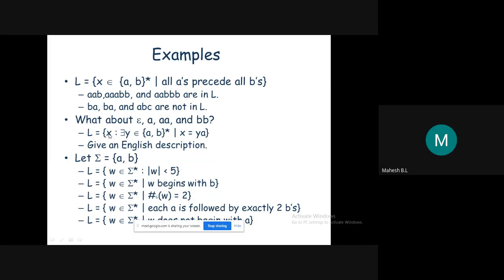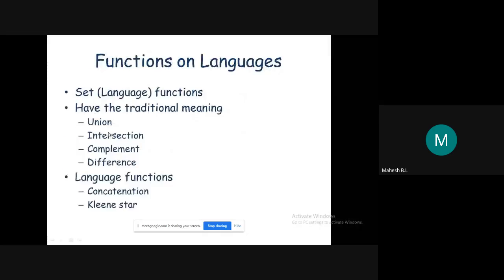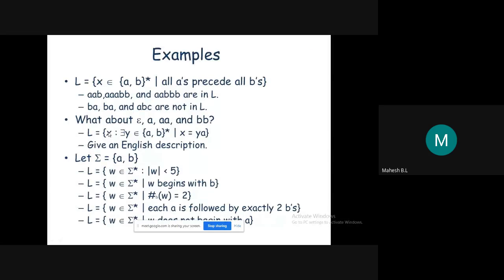Now, how to make this definition simple? Now I'll write L is equal to X belongs to {A, B} whole star, then X must end with A. So L is nothing but x, where x belongs to {a, b} whole star, and in the description part I'll write x must end with an a.